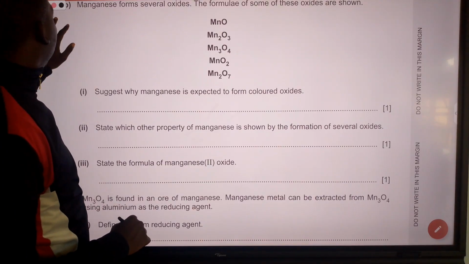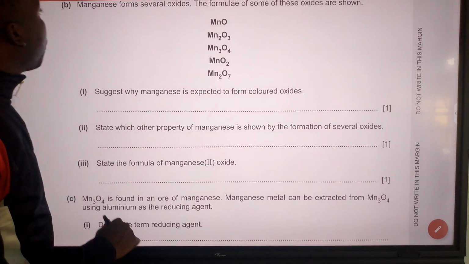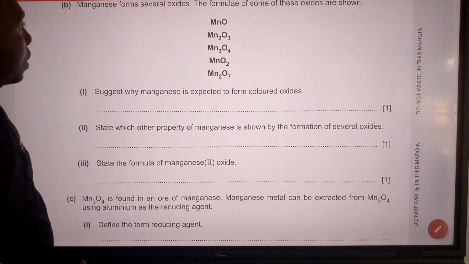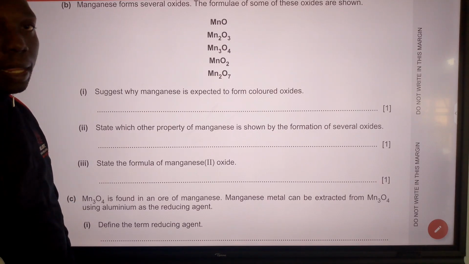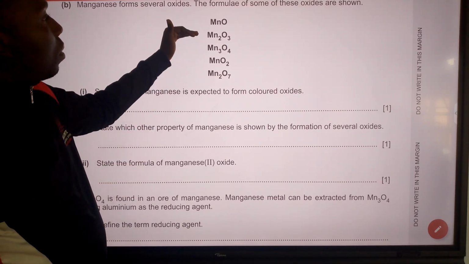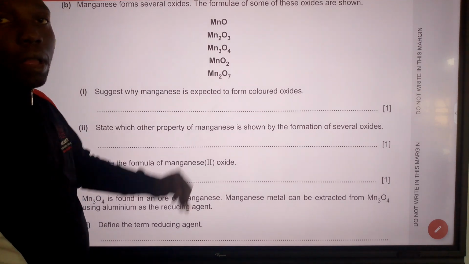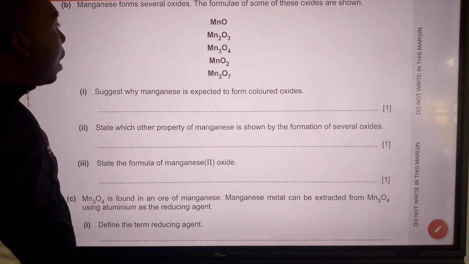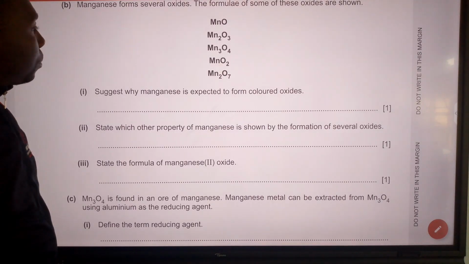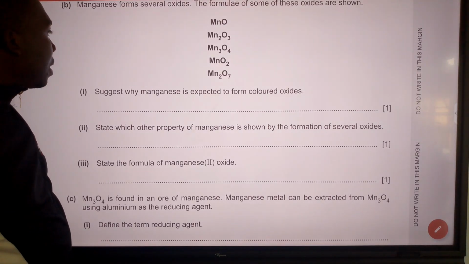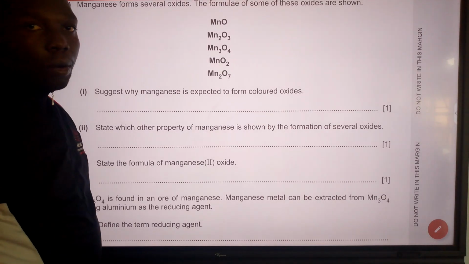The next question reads, manganese forms several oxides. The formulas of some of these oxides are shown. So you have MnO, Mn2O3, Mn3O4, MnO2, and Mn2O7. Suggest why manganese is expected to form colored oxides.